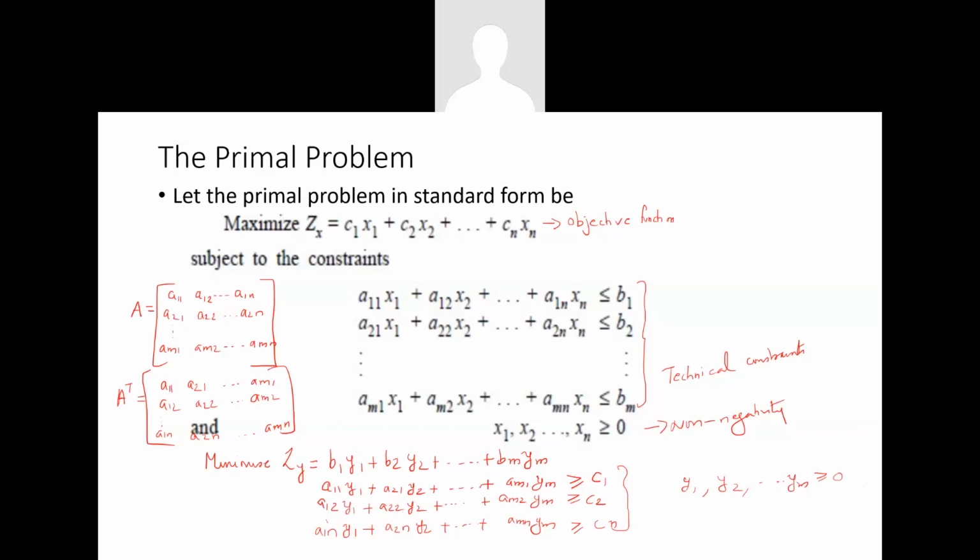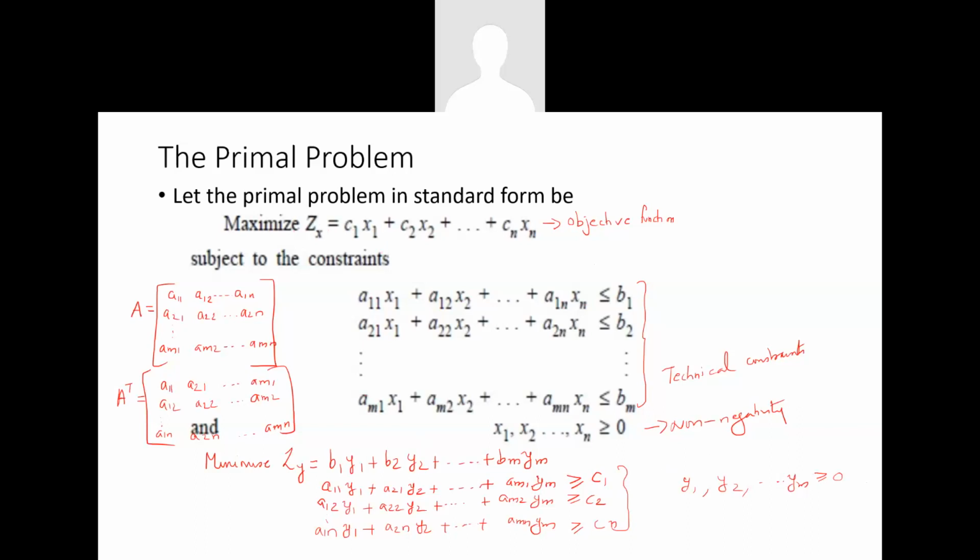Then another thing you can observe is that there are m number of constraints and n number of variables in the primal problem, which is the maximization problem here. Contrary to that, in the minimization problem, you have n number of constraints and m number of variables.